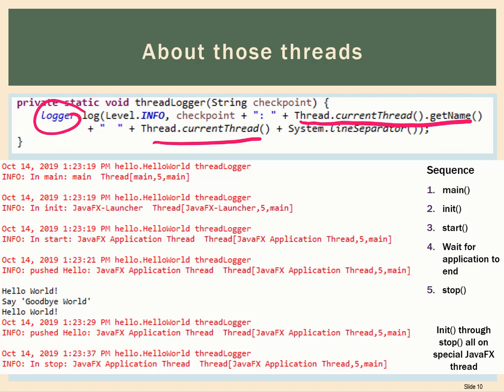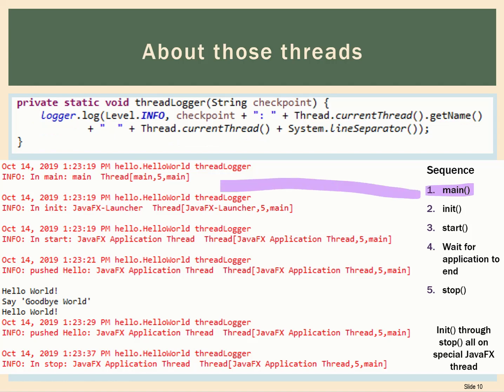This way I can see what threads are being used in JavaFX at different points in time. So we start off with main, and in the main method you can see that I am in the main thread.